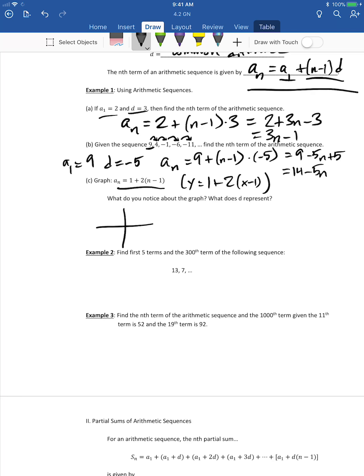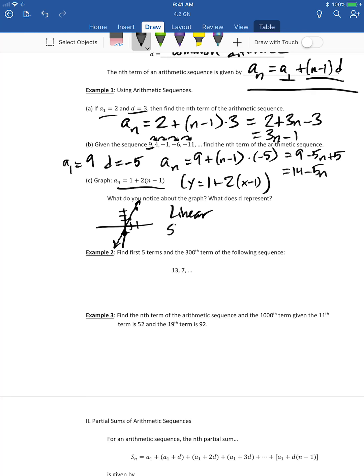So if x equals 0, then y is going to be -1. If x equals 1, then I'll have 1. If x equals 2, then I will have 3, and so on. What kind of a graph is this? This is linear. I have a constant rate of change.